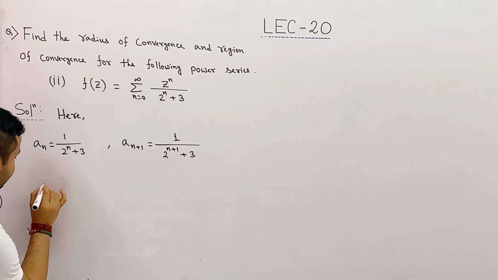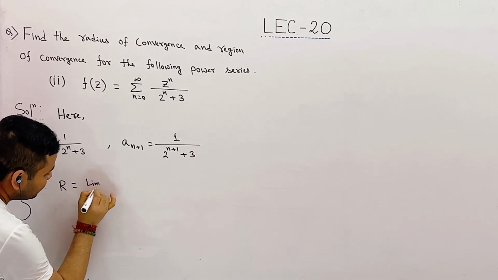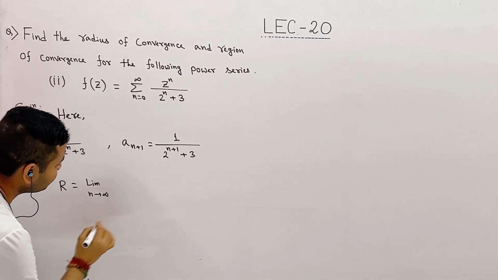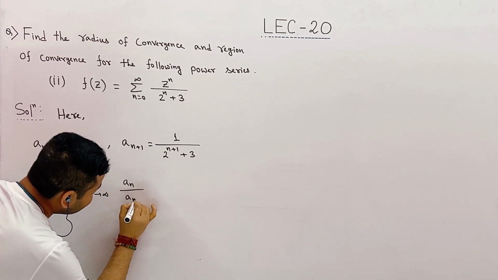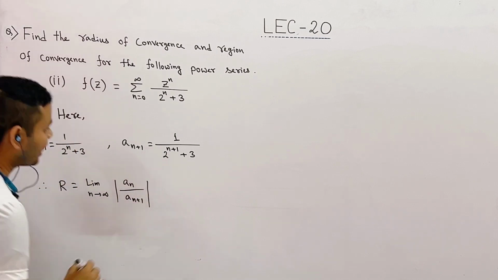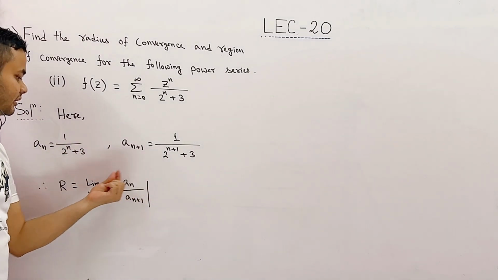So therefore the radius of convergence R will be equal to limit n tends to infinity modulus of a n divided by a n plus 1. Now let us substitute the values of a n and a n plus 1 here.